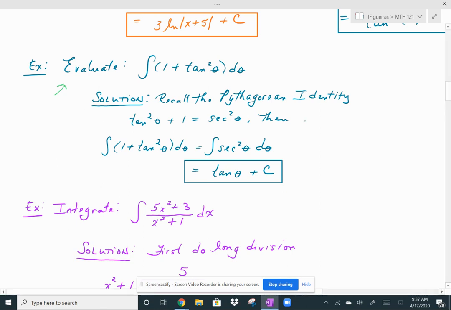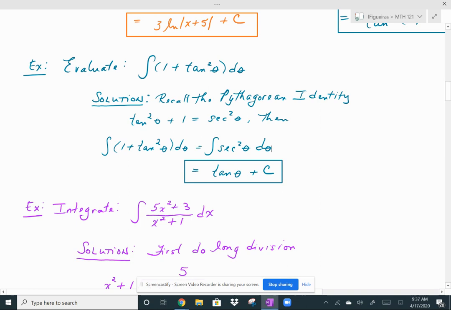So tangent squared plus 1 is secant squared. Therefore, I can replace 1 plus tangent squared with secant squared, which is what I did right here. And secant squared is the derivative of something we're familiar with. Secant squared is the derivative of tangent, so therefore the antiderivative is tangent of theta plus c.